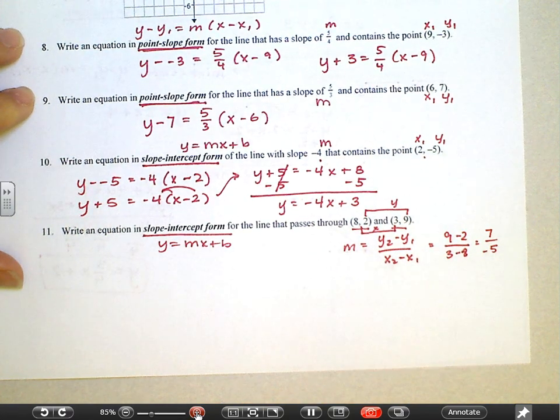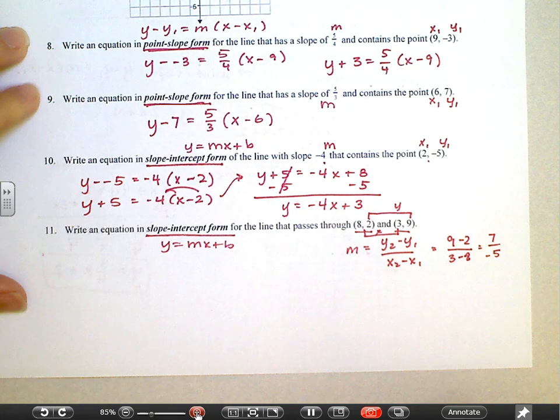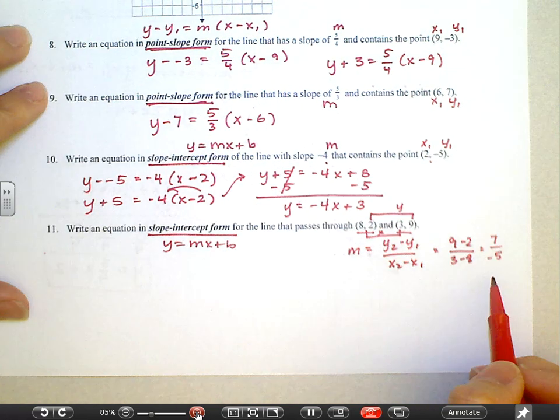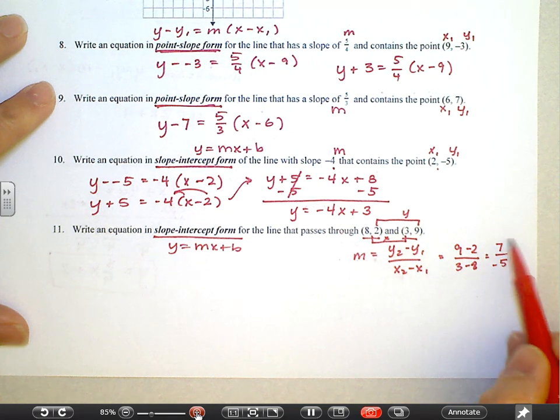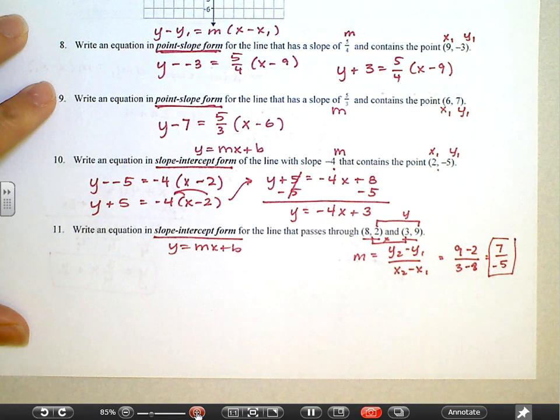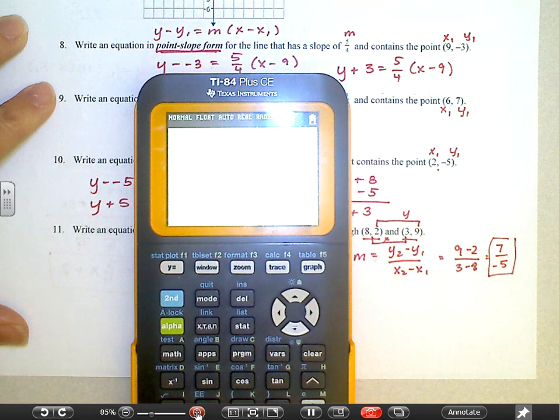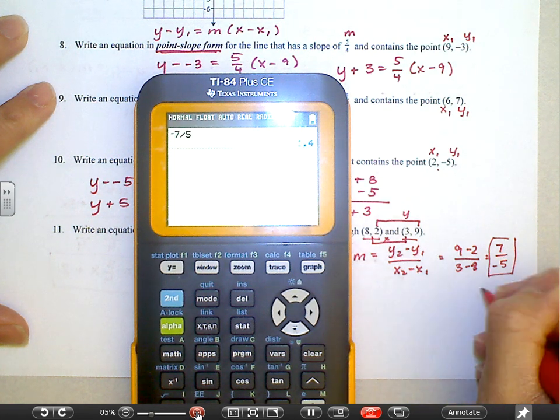I will be honest with you, at this point, because you're going to have to do some distributing and multiplying, distributing is multiplying, I might change that to a decimal right this second. So of course, all you do is do -7 divided by 5. Boom, you get -1.4.